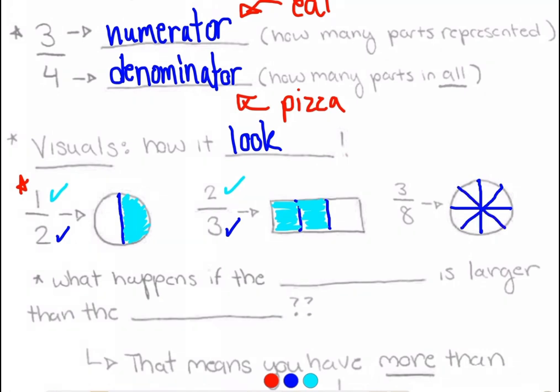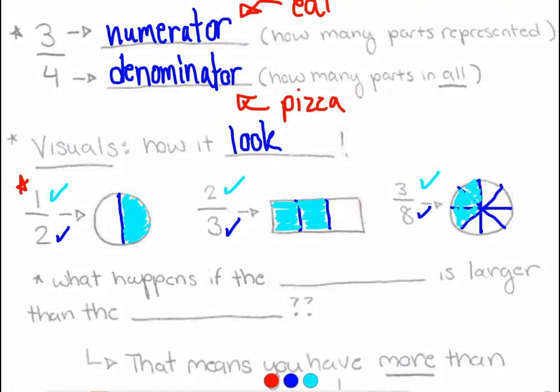Now that you've broken it up into 8 even sections, I usually put a check next to it saying, okay, I broke it up into 8, and I'm going to shade in 3 of those. Now, normally they're going to put them together, but you can shade any one of the 3 that you want because they're all going to be worth the same amount. I usually start at the top and just kind of work my way down. So I had 8 slices of pizza, and I ate 3 of them. And that's how that works.